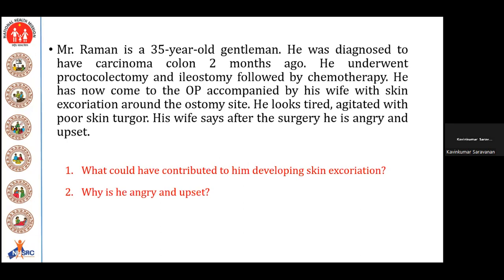Why is he angry and upset? What could be the possible reasons here for developing skin excoriation? Maybe a localized infection. Any other answers?